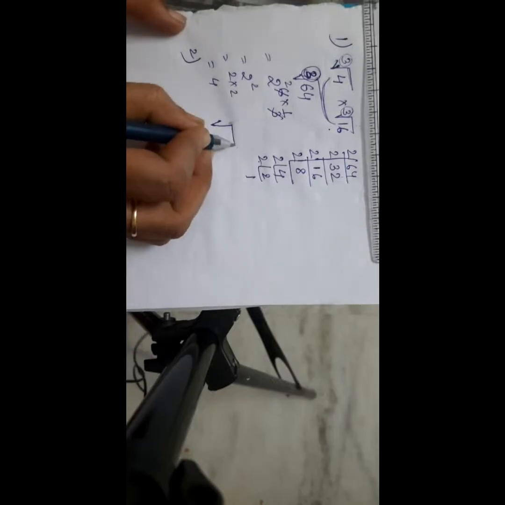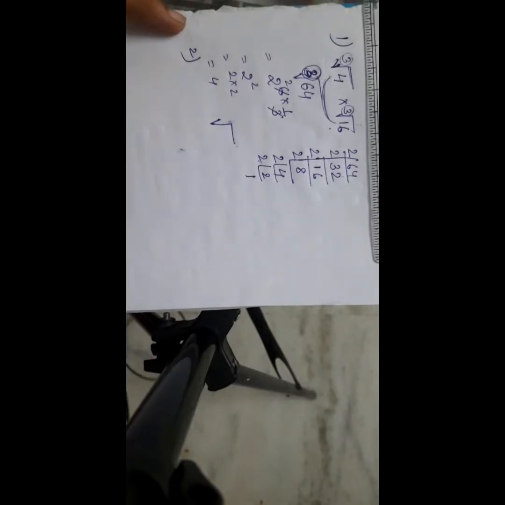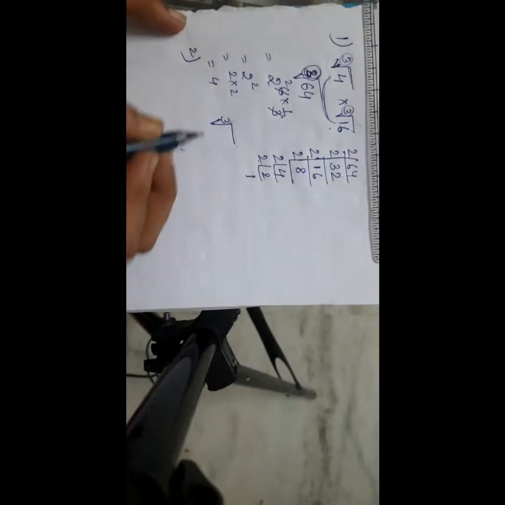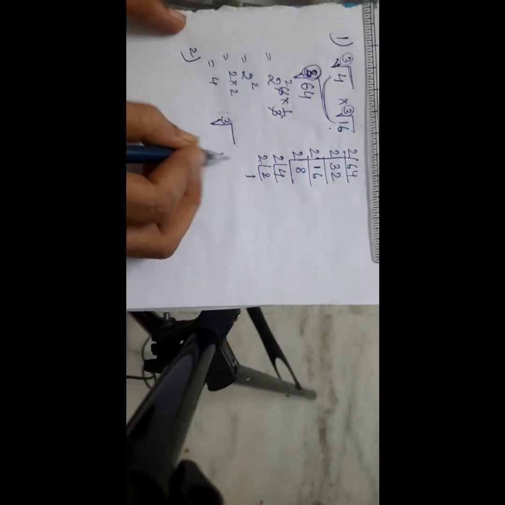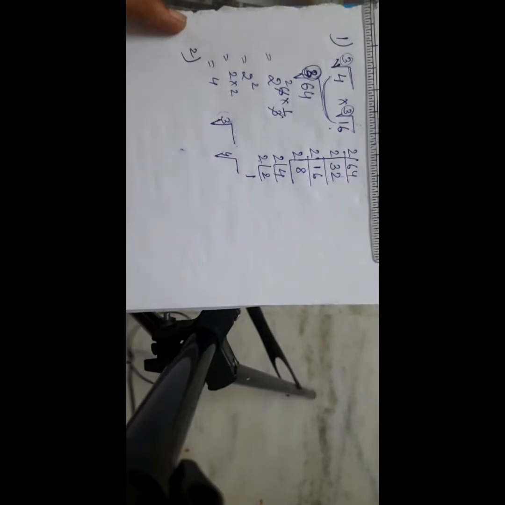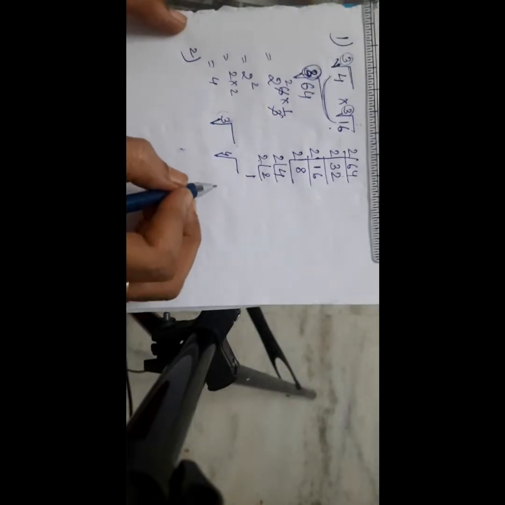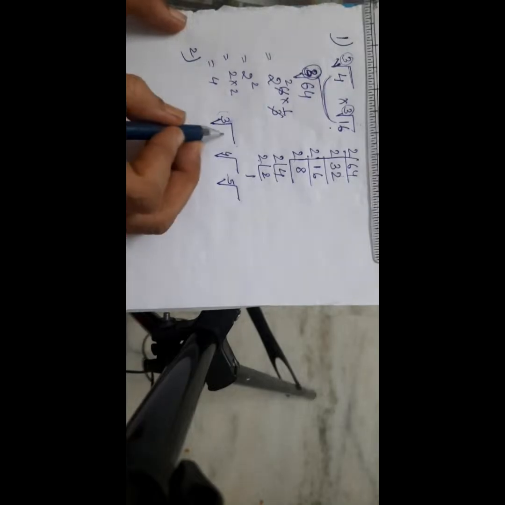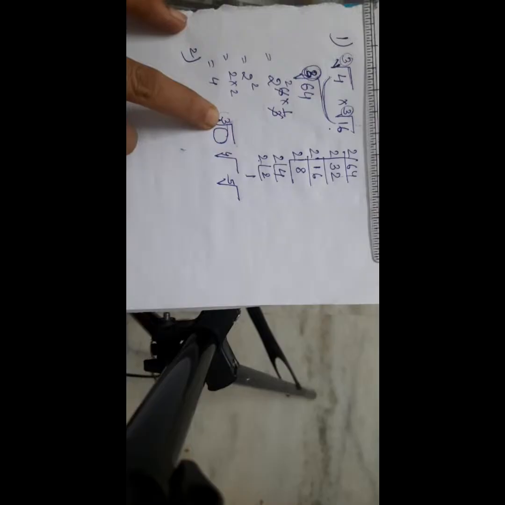This we call root form, and whatever number is in the root, we need to work as per that. Suppose 3 is there, we call this cube root. If there is 4, we call it fourth root. If there is 5, this is called fifth root. Whatever number is inside, we need to get that many in a group.